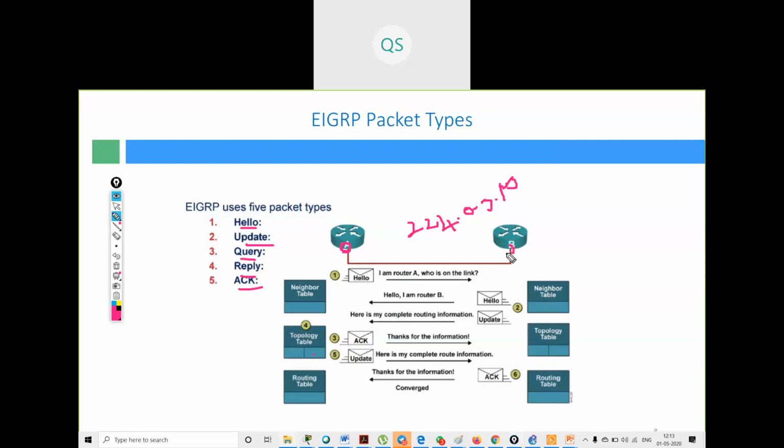It will say, I am router A, who is on the link. Then a reply hello packet comes: hello, I am router B.